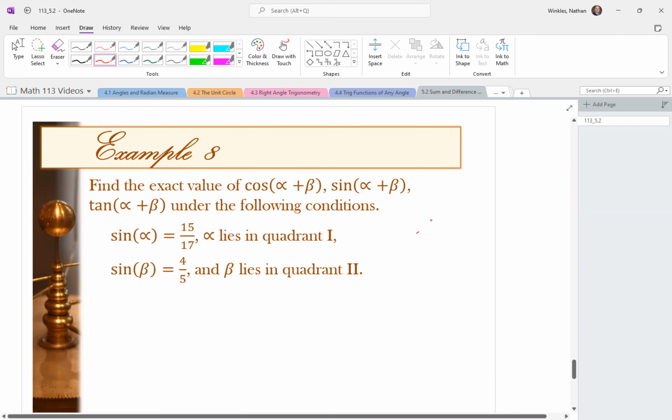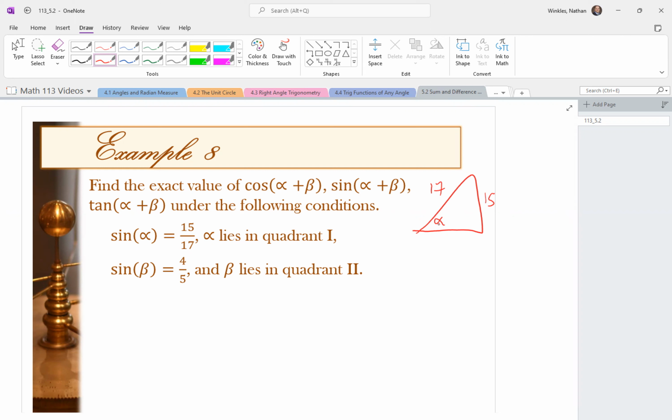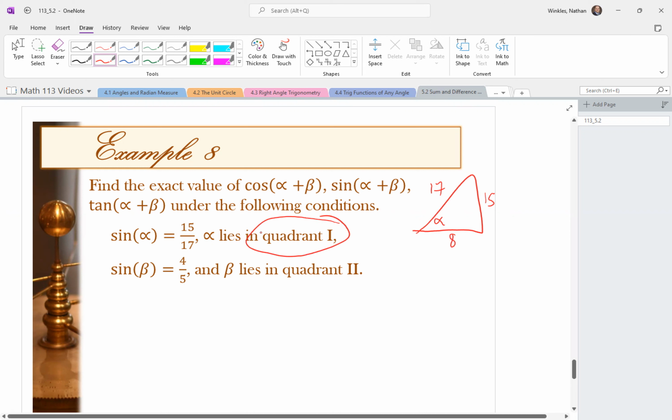So first one we're going to draw is alpha. So sine of alpha is 15 over 17. So that means that my third side here is 8. It's in quadrant 1, so everything is positive there.